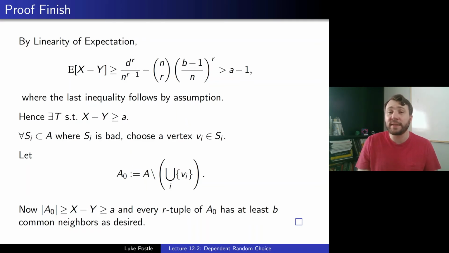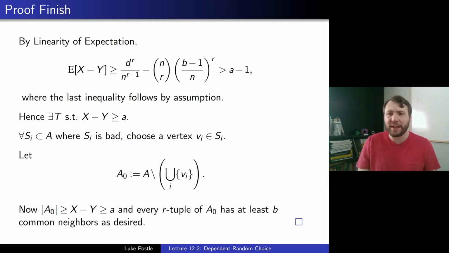So worst case, this is at least X minus Y, which by assumption was at least a. And every r-tuple of A_0 has at least b common neighbors because we avoided all of the bad tuples as desired. So that's quite a nice proof. We used alteration. We used this dependency from the random choice to get that. And we calculated the expectations.